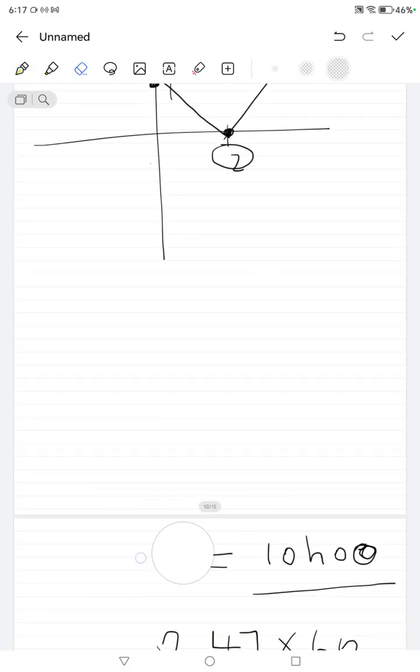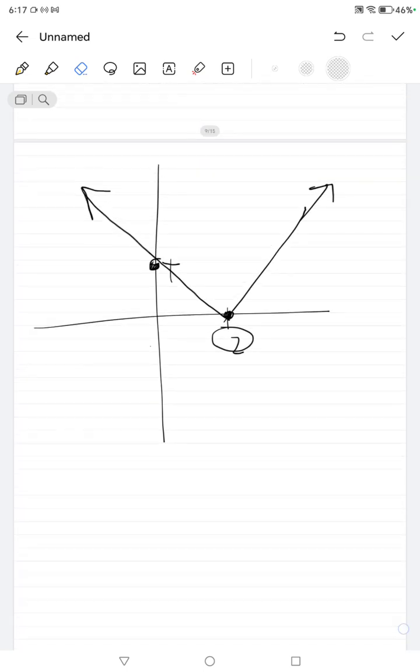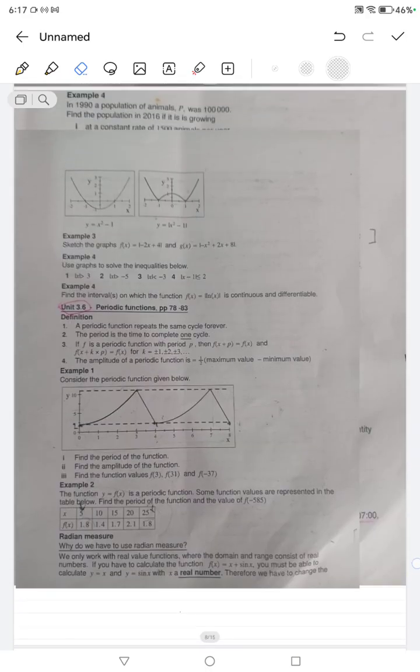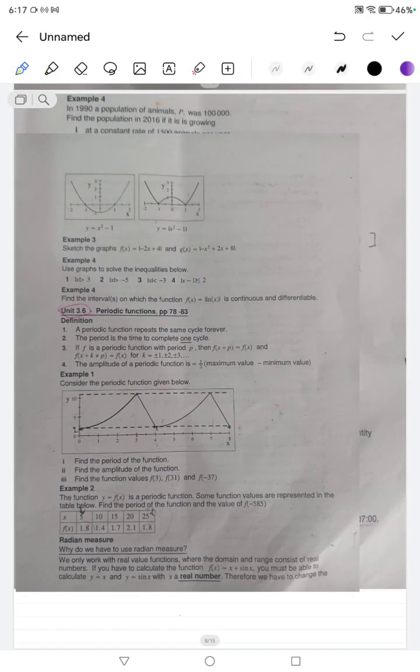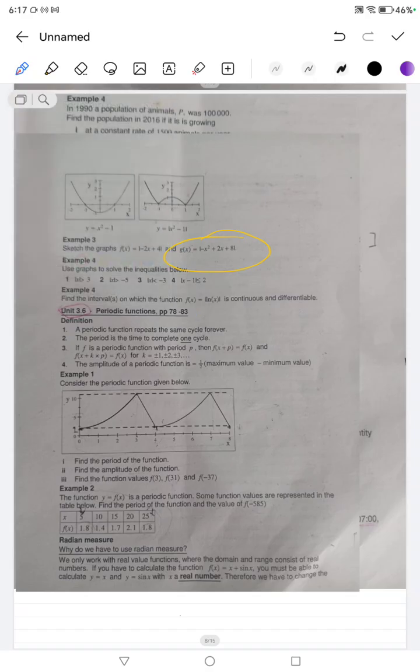Let me just rub this one out. Okay, we're done with the first one, so which one do we have to do? We have to do this one, which looks like a parabola. The fact that you are able to look at this and say, okay, I have my minus x squared, you already know it's going to be a shape that looks like this.